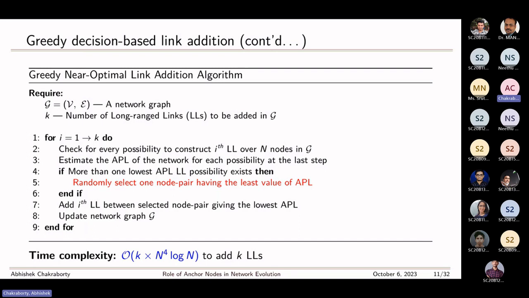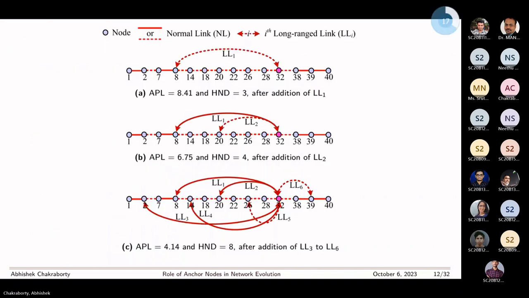After the exhaustive search, the link addition that gives the least value of APL is kept intact, and then we go for the second link addition. We implemented the same thing for this 40 node network.